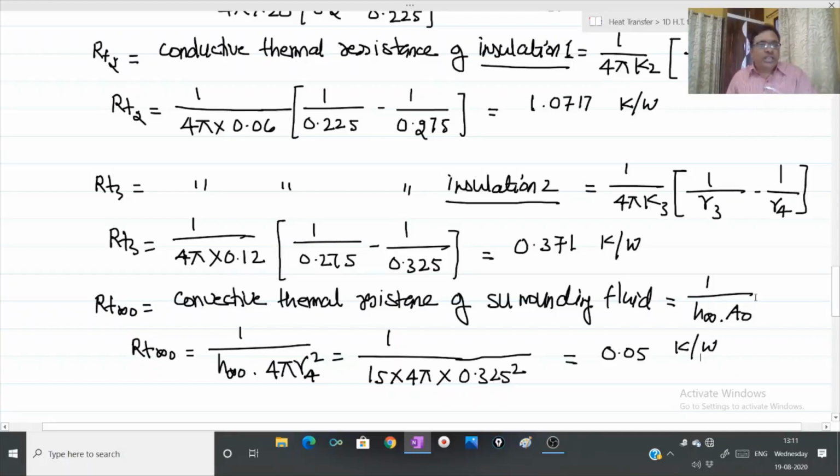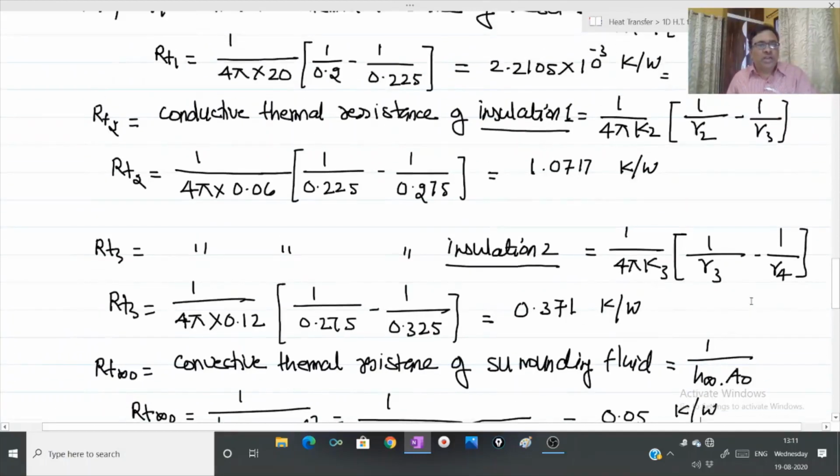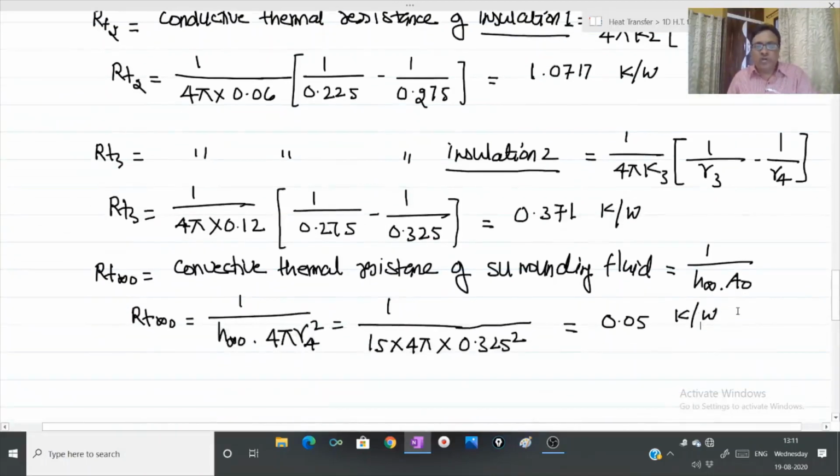So as you can see, we could calculate RT1, RT2, RT3 and RT infinity O. So 4 resistances we could calculate. 2 already in the form of thermal contact resistances have been given to us.